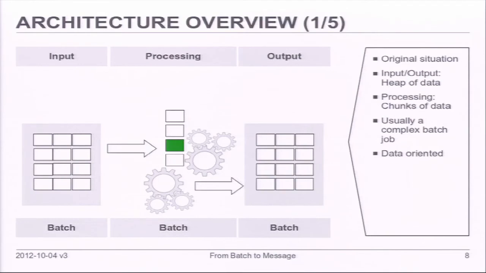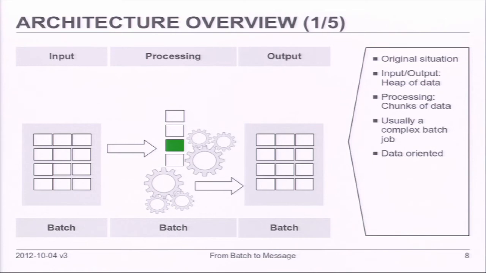Okay, then let's have a look at the architectural overview. So what we are looking at here is just a typical system with input data and output data, and the processing between those two. This is usually the situation we're encountering when we see batch processes.